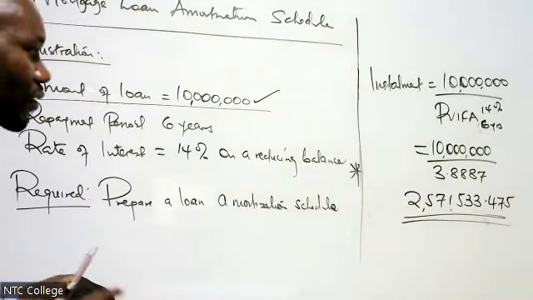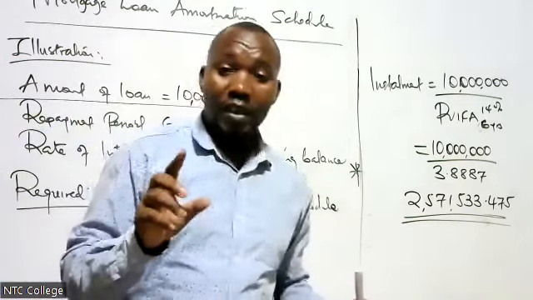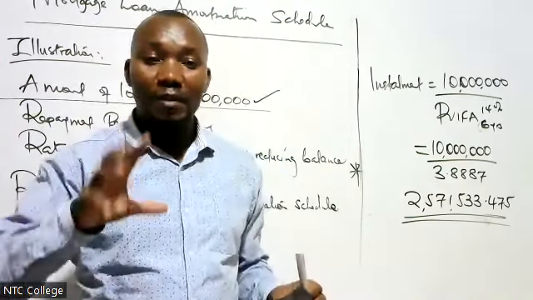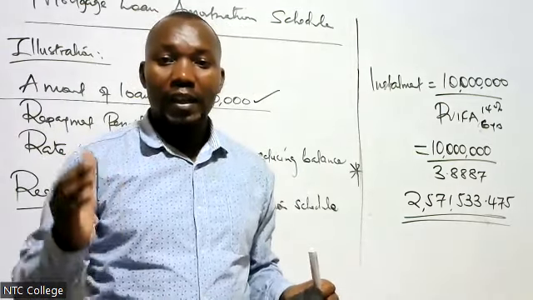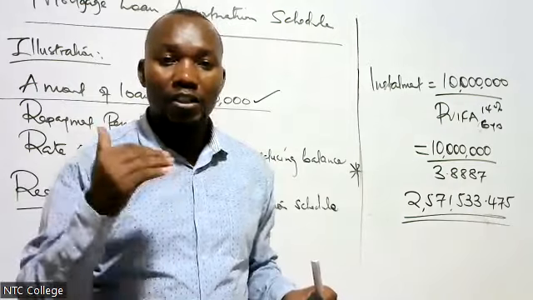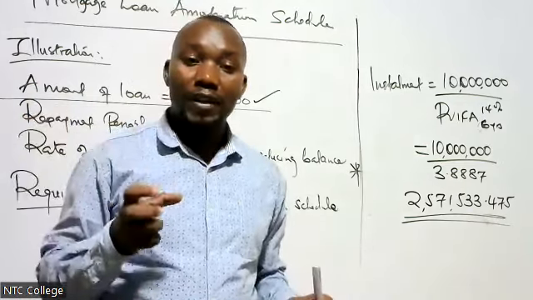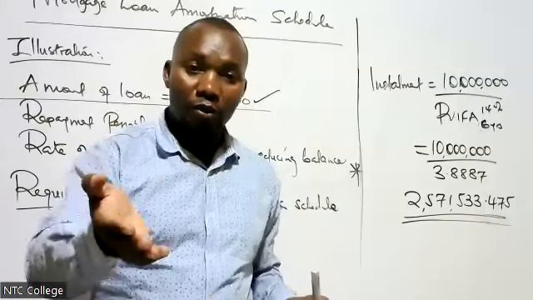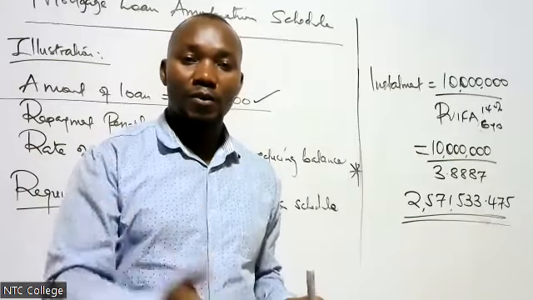So let's make the schedule so that we see. Now, for those who are doing audit, ukienda audit, alafu upate maybe your client has taken some loan. Unamuuliza, can you share with me the loan schedule? That is what we're going to prepare here. They are normally provided by the bank to the person who is borrowing. So the bank will tell you, this is the loan schedule, this is how you're supposed to pay monthly.